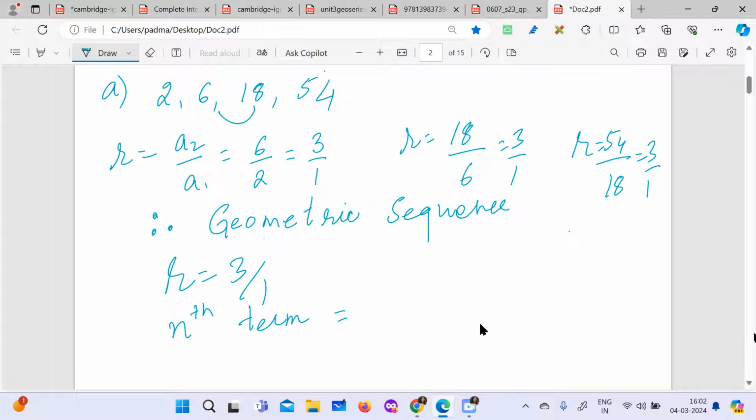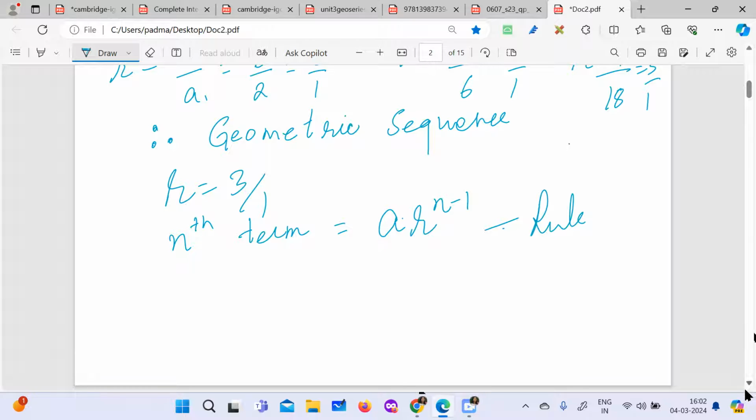It is ar to the power of n minus 1. This is the formula to find the terms of a geometric sequence.